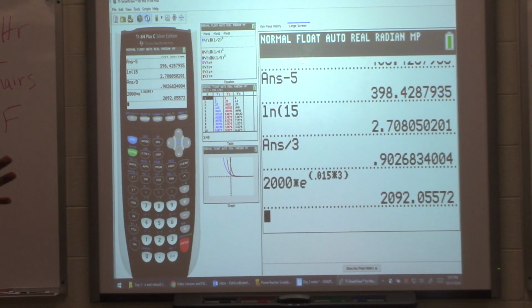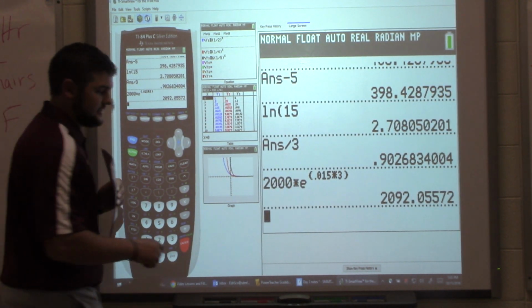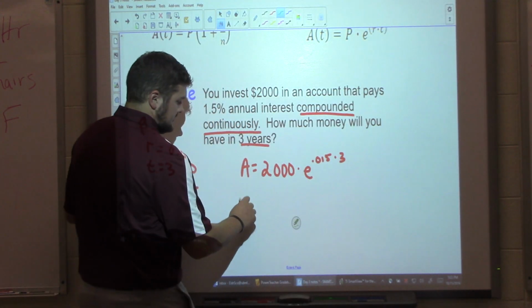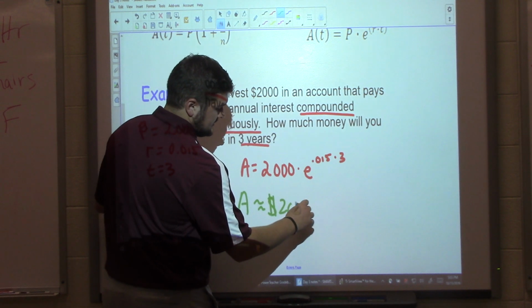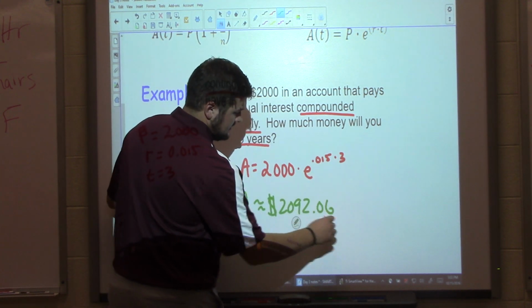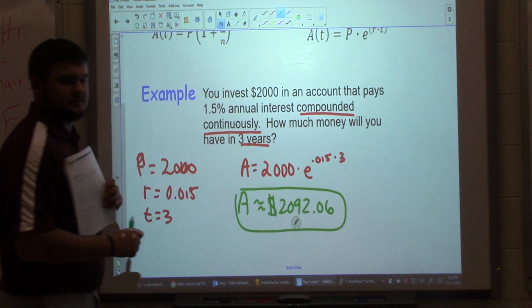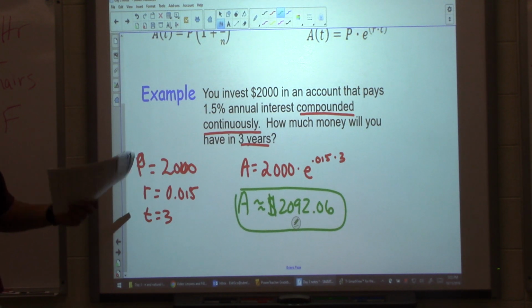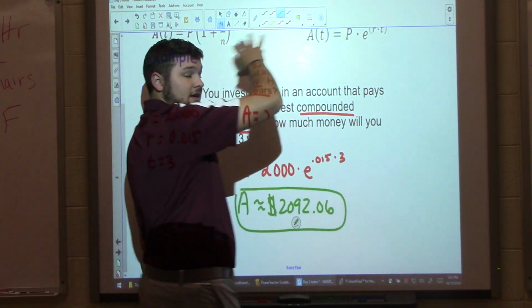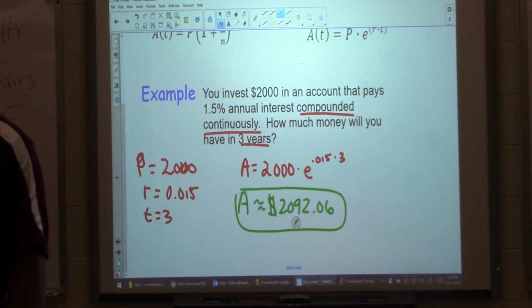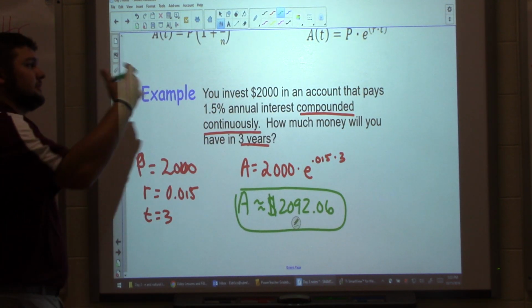We should get about $2,092.06. A is approximately $2,092.06. Pretty simple. We're just using a new formula which, if you need it on a test, will be given to you. A equals our principal times e to the rate times time power.